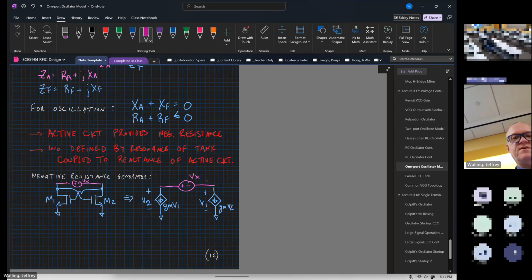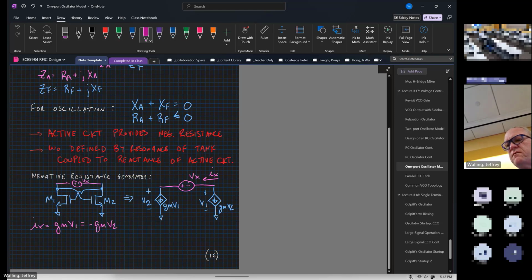and we measure the current Ix that flows through the test voltage source, we can write a KCL expression. So we can say that Ix is equal to Gm times V1, or equal to minus Gm times V2.